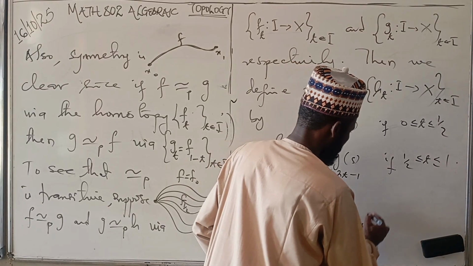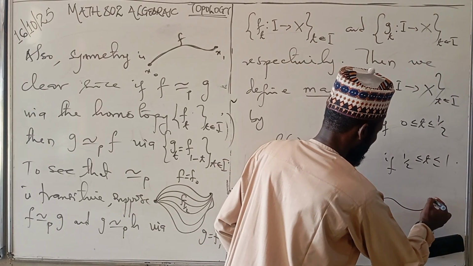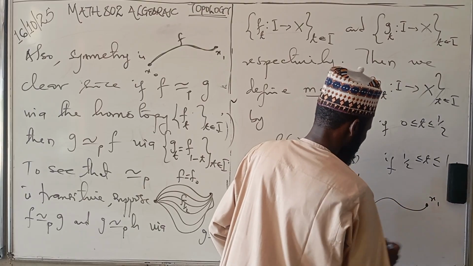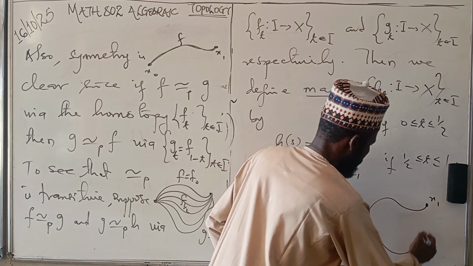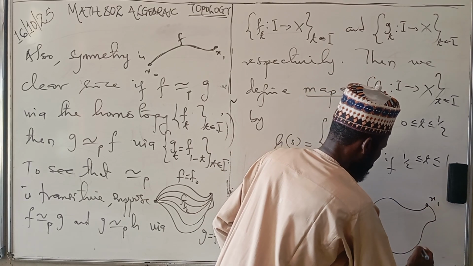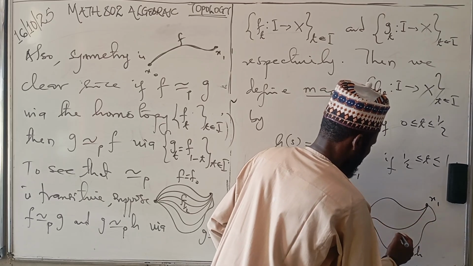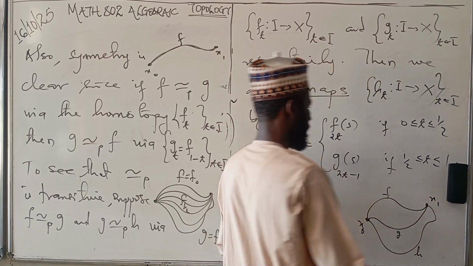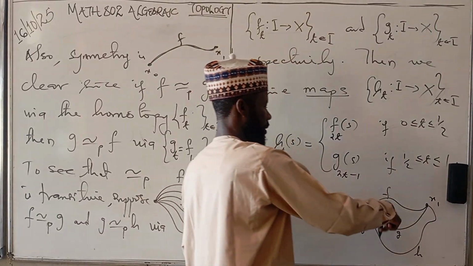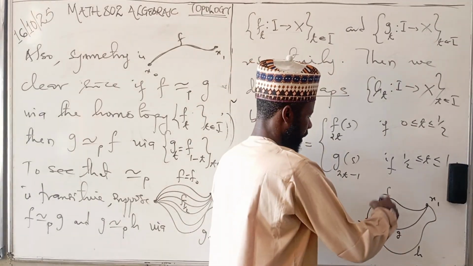Chris, I'm coming. So we have this, and we have h, and over here we have some g. This is f. So these are homotopic, f and g.